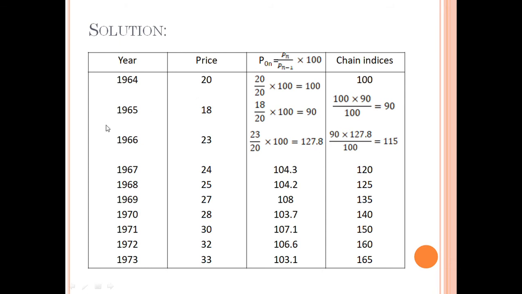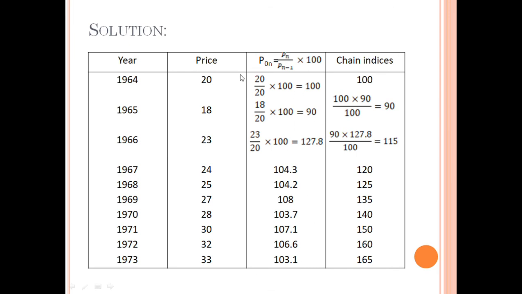Now for 1964 the price will be the base because it is the preceding price. So 18 divided by 20 multiplied by 100. And now for 1965, 18 will be the base period, and 23 is current and 18 is the previous price, so we will divide this by 18, and so on.